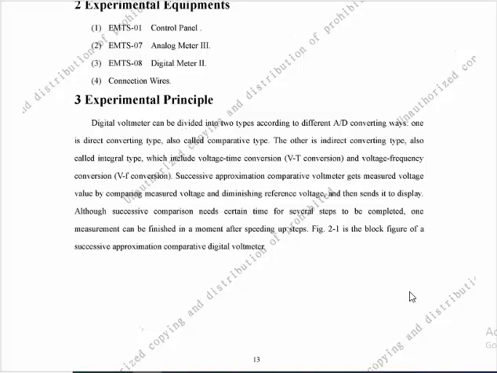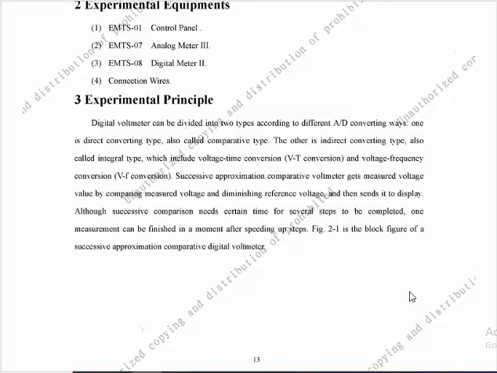Successive approximation comparative voltmeter gets the measured voltage value by comparing the measured voltage and a diminishing reference voltage, and then sends it to display.